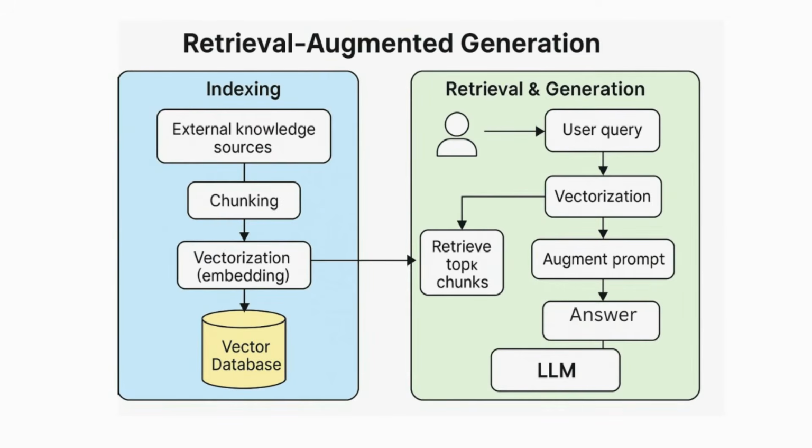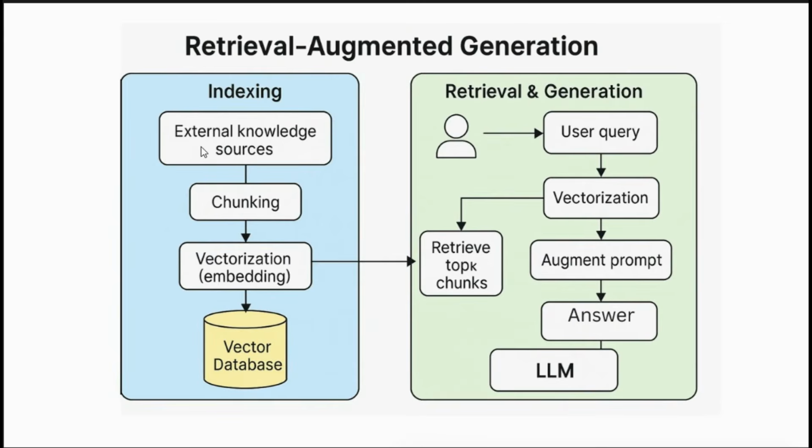Here, external knowledge sources refers to any information that lives outside of the LLM's original training data. It is the specific, targeted, and often private information that we choose to provide to the AI. We take our external knowledge sources, break them into smaller pieces with chunking, and use vectorization to store them in a vector database.